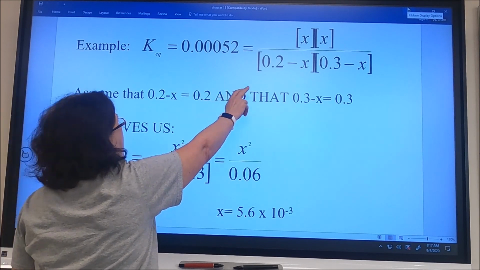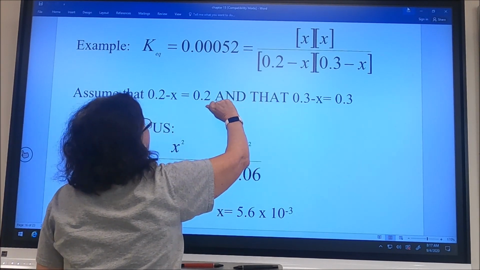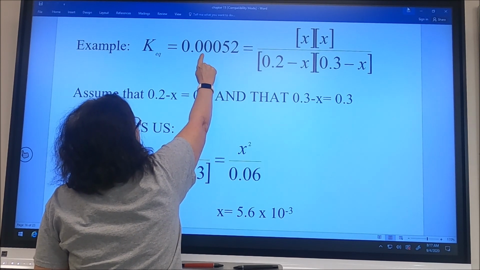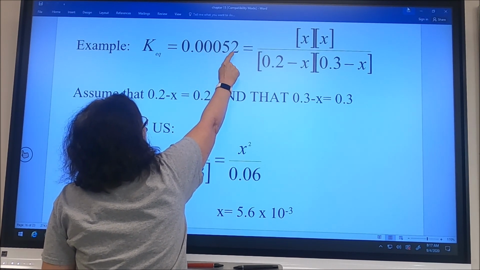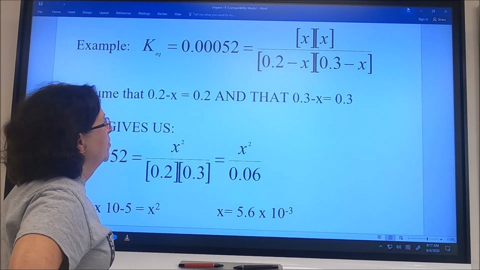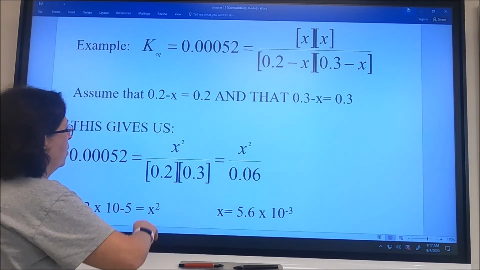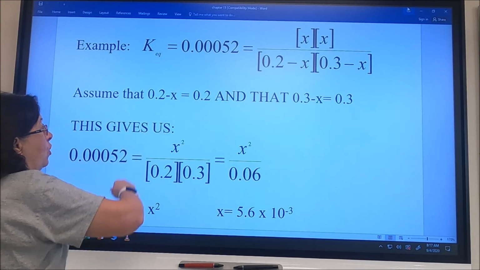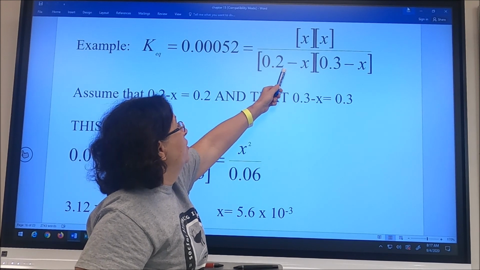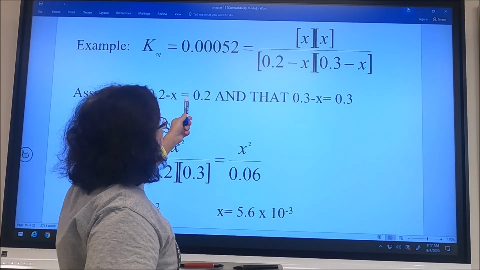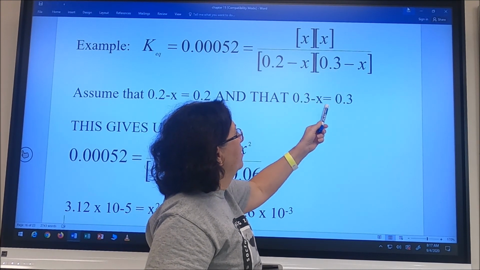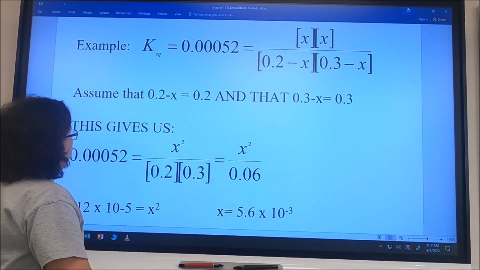Well, 0.2 is our smallest initial concentration, and K is quite a bit smaller, in the right range. So I am going to assume that 0.2 minus x is approximately 0.2, and that 0.3 minus x is approximately 0.3.